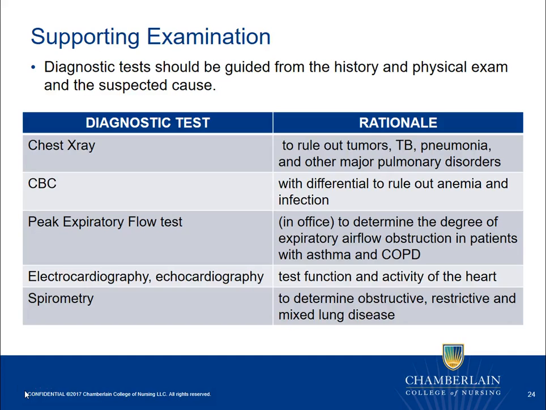CBC with differential to rule out anemia and infection. Peak expiratory flow test in the office to determine the degree of expiratory airflow obstruction in patients with asthma and COPD. Electrocardiography and echocardiography. Spirometry to determine obstructive, restrictive, and mixed lung disease.